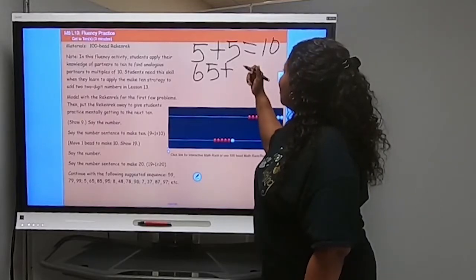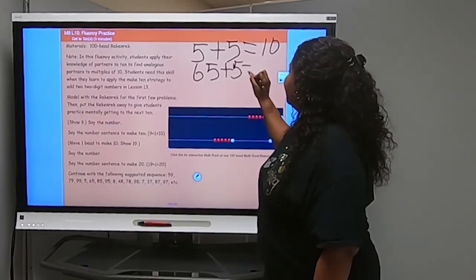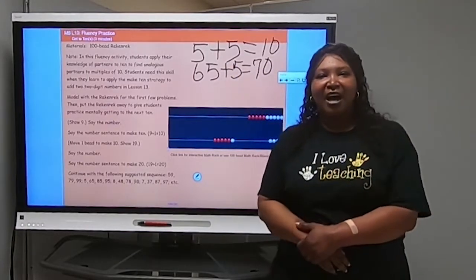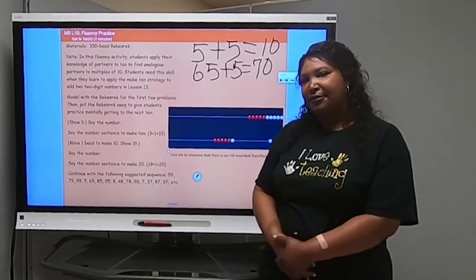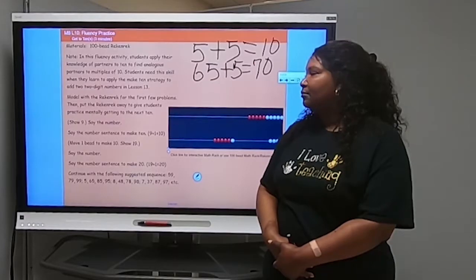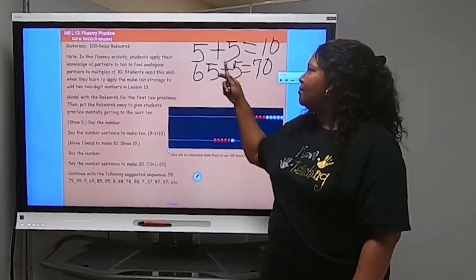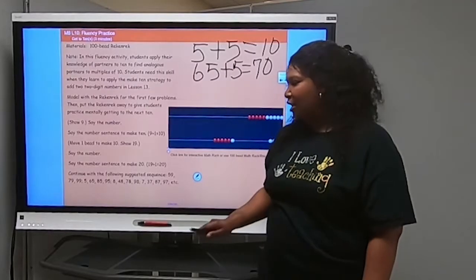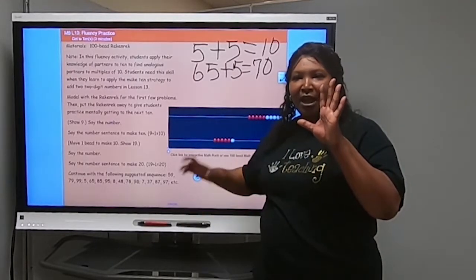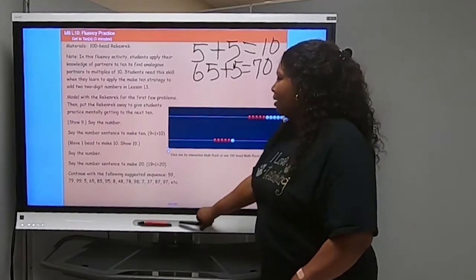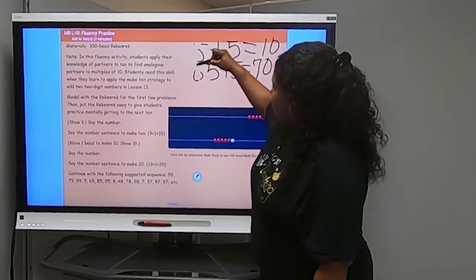You're absolutely right. It only needs 5. Why do you think both of these numbers needed 5 to make the next 10? Good job. You're right, because both of them have a 5 in the ones place. And we know that 5 and 5 make what? 10. Good. All right, let's move on and try another set of numbers.